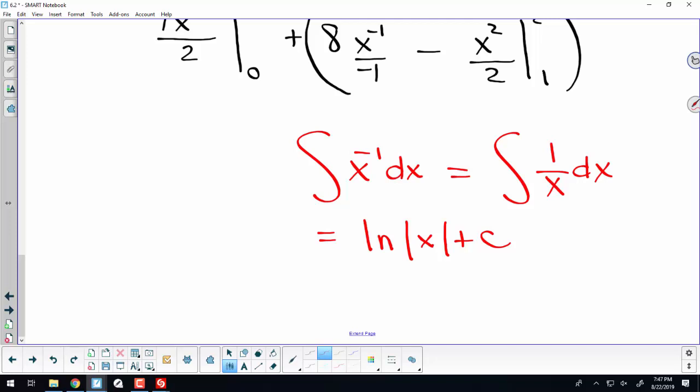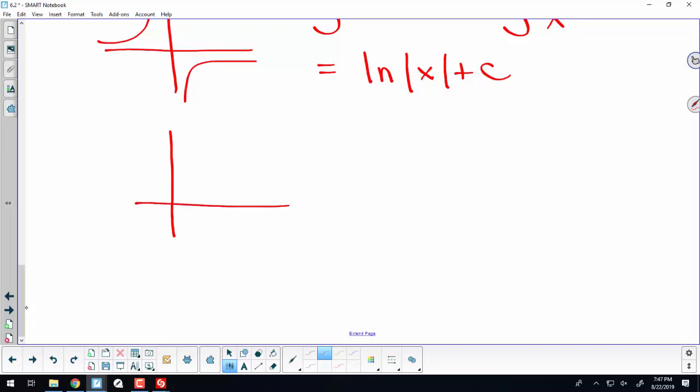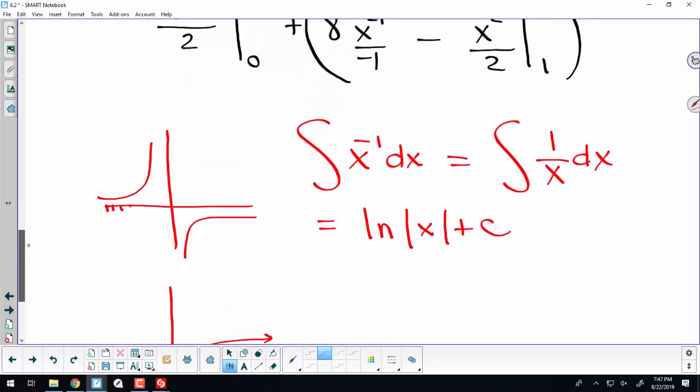However, if we look at 1 over x as a function, it looks like that, but the natural log has an asymptote here, looks like that. So the reason we have the natural log of the absolute value of x is so we can also include these negative numbers over here.